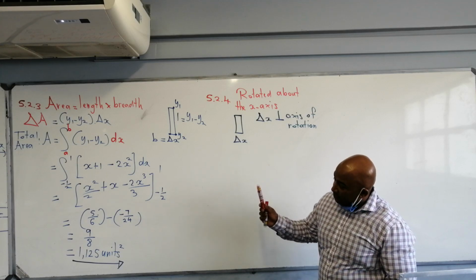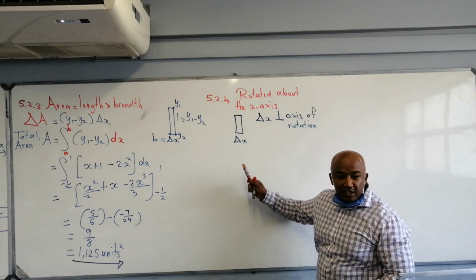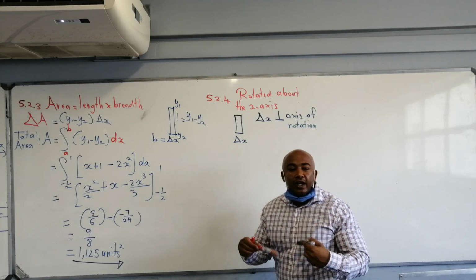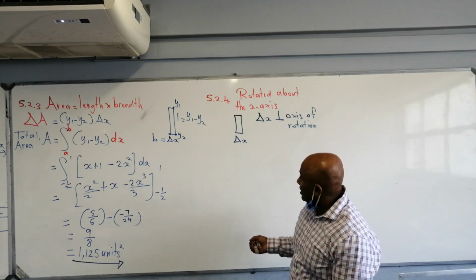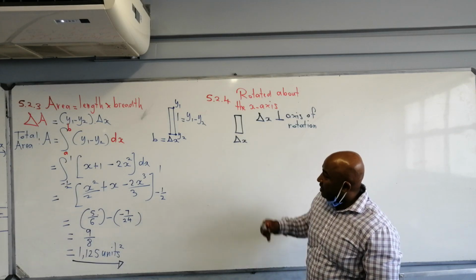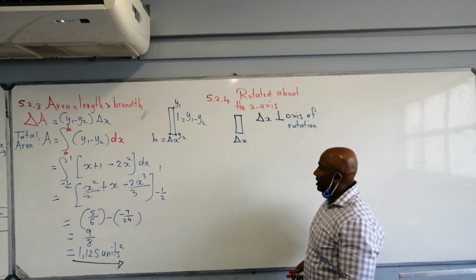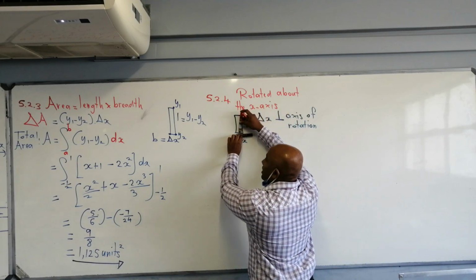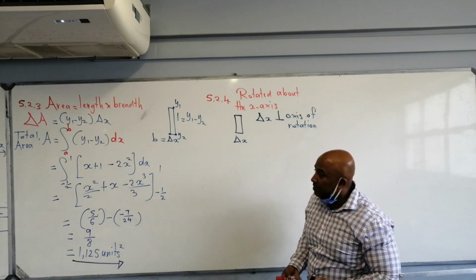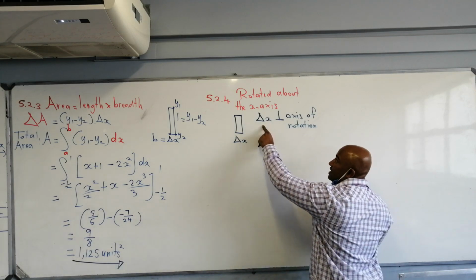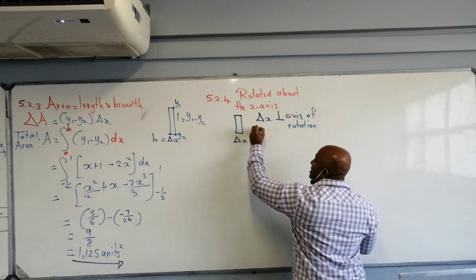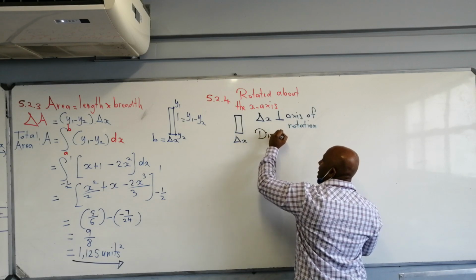You need to understand whether your representative rectangle is perpendicular or parallel. Our representative rectangle is perpendicular to the x-axis. So if delta x is perpendicular to the axis of rotation, then we use the disk method.